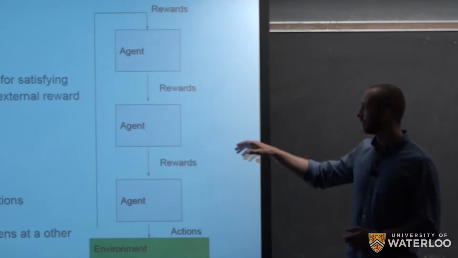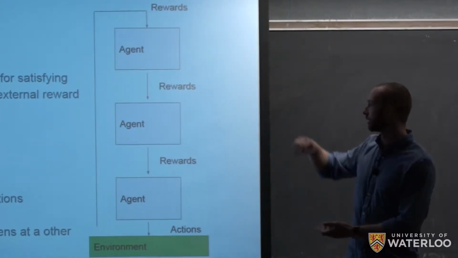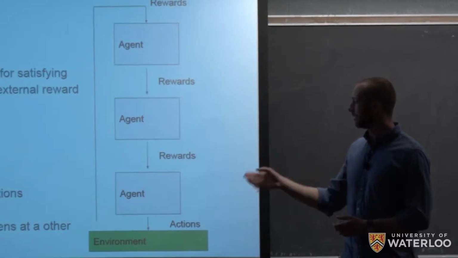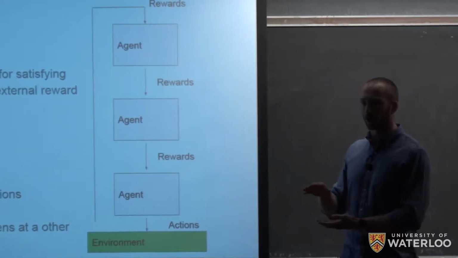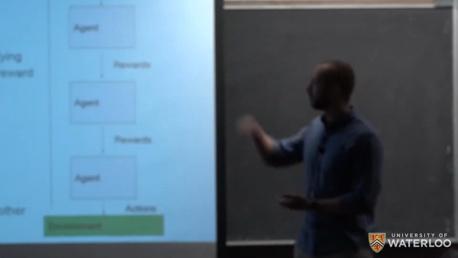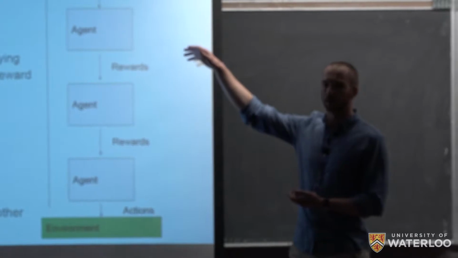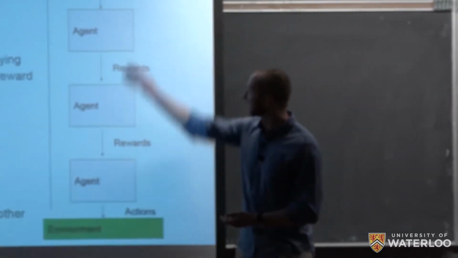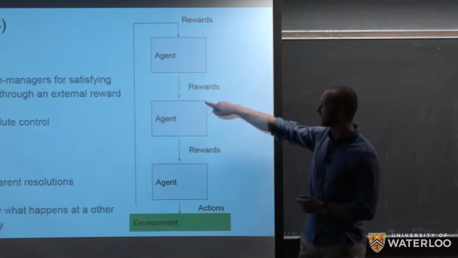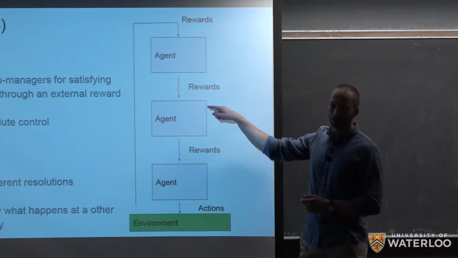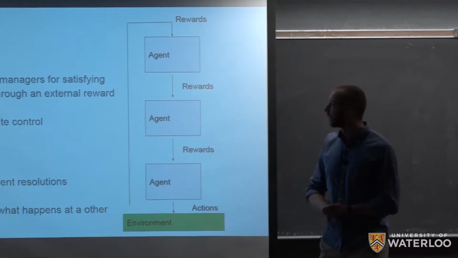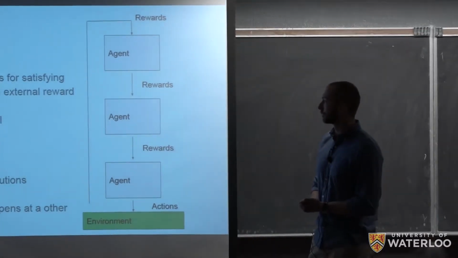You can have a stack of these as big as you want, but the key thing is the bottom level agent will actually take actions in the environment, and the top level agent will actually get rewards from the environment. So you can think of it like the king takes the real reward from the environment, and then the king decides how much reward is given to the agent below. So that's the basic idea of FeUdal reinforcement learning.